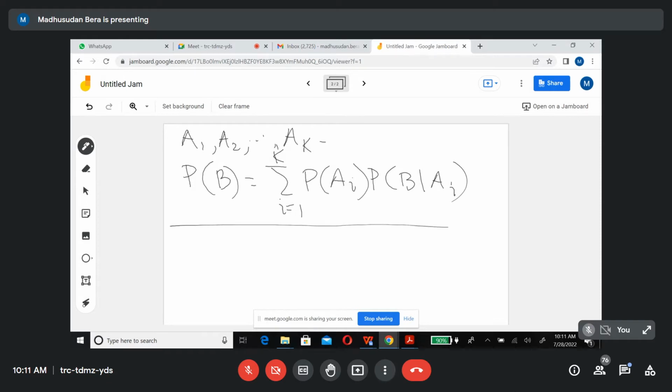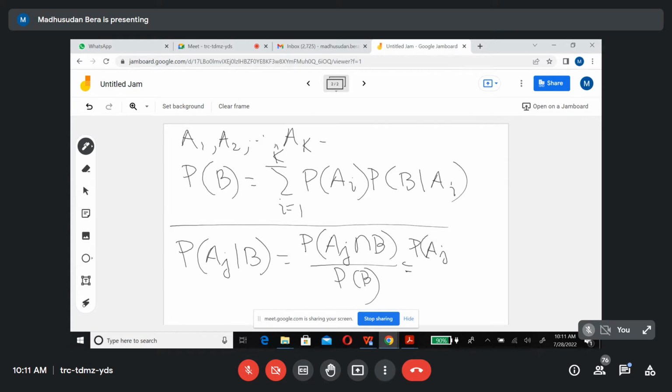And Bayes theorem is: what is P of Ai given B, or Aj given B? By the rule, it will be P of Aj intersection B by P of B. Now what is P of Aj intersection B? By the multiplication rule, P of Aj into P of B given Aj.